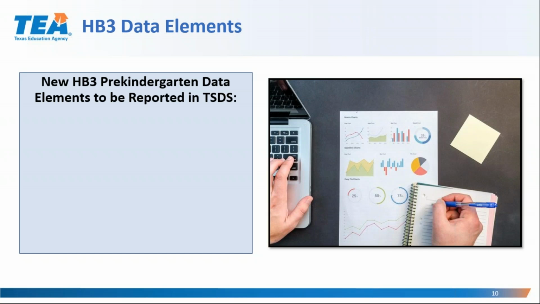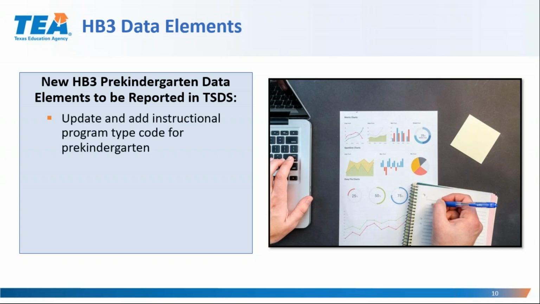There are some new data elements that will be reported this year, and TEA will provide further guidance on these new data elements, but we want to prepare you slightly, at least, for some additional items so that you can be ready. So the first one is the instructional program type code for pre-Ks.